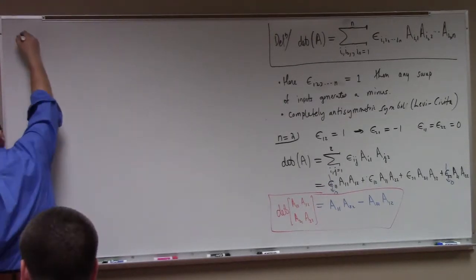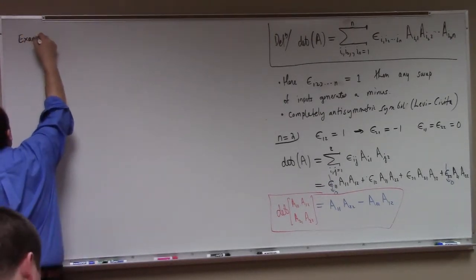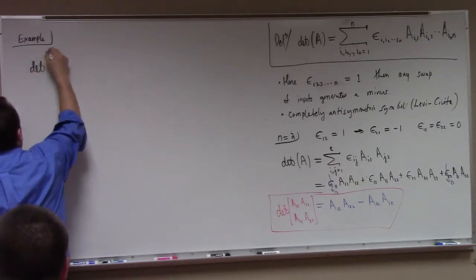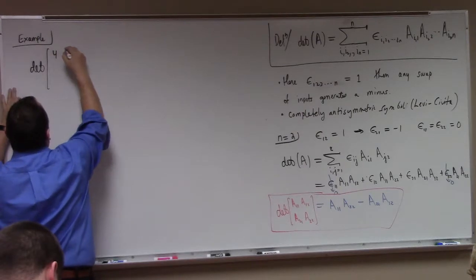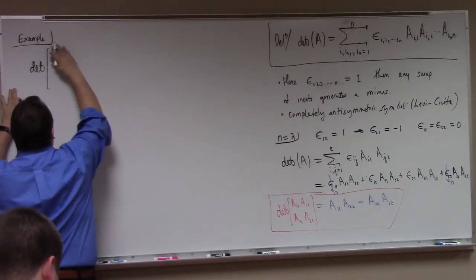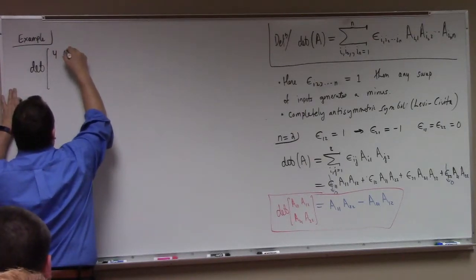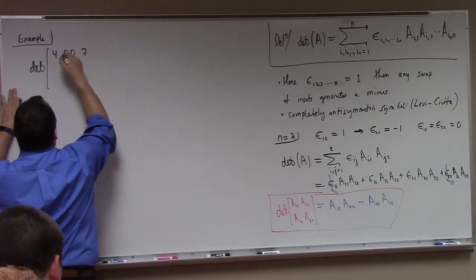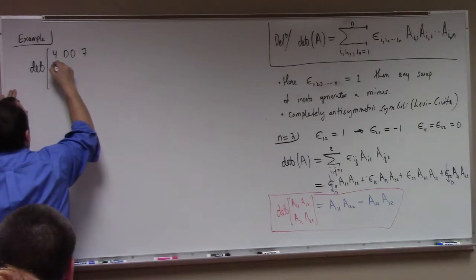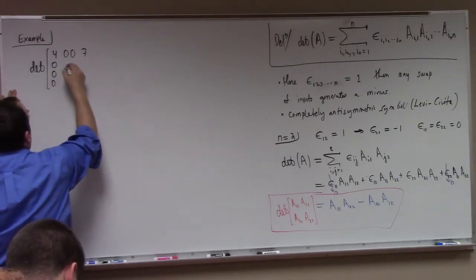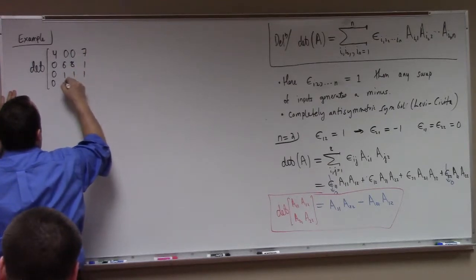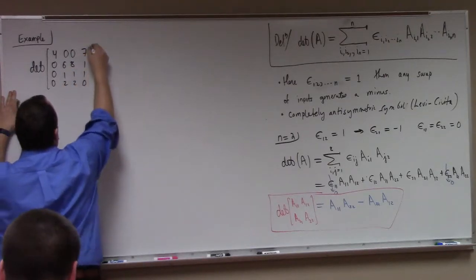But so here's an example with numbers. Suppose we were calculating the determinant of 4, 0, 0, 7, 0, 0, 0, 6, 8, 1, 1, 1, 1, 2, 2, 0.